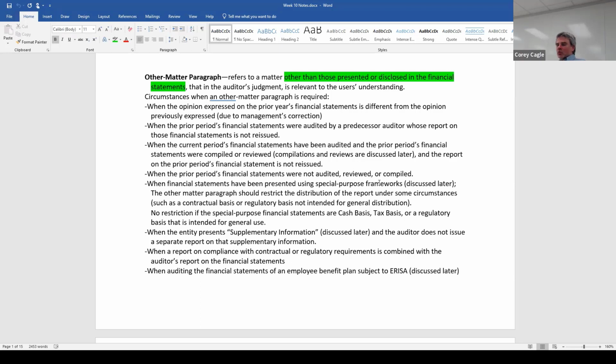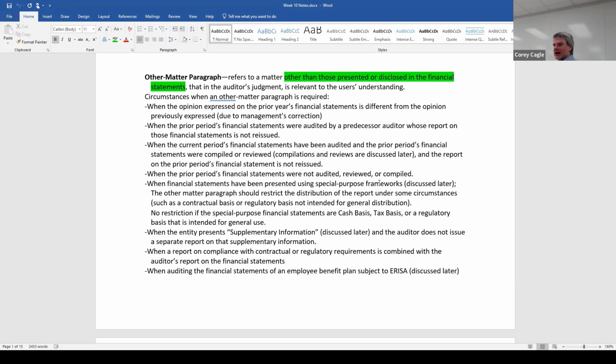So it's required when the opinion expressed on the prior year financial statements is different from the opinion previously expressed due to a management correcting it. It's required when prior period financial statements were audited by a predecessor auditor whose report is not reissued. We mentioned that a minute ago. It's required when the current period financial statements have been audited and the prior period financial statements were not.